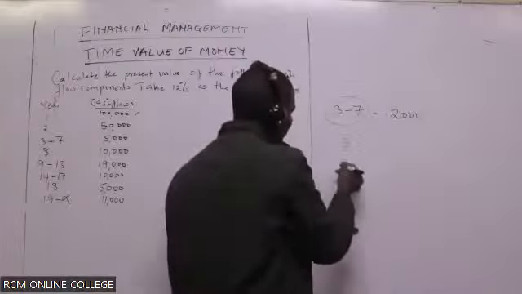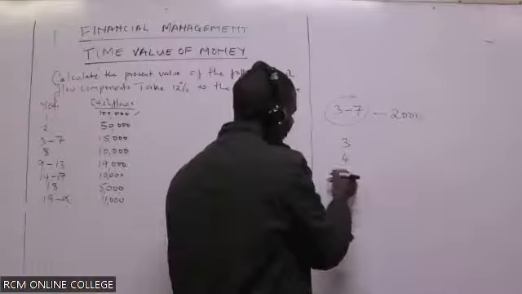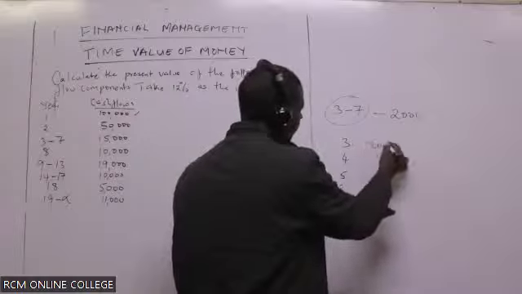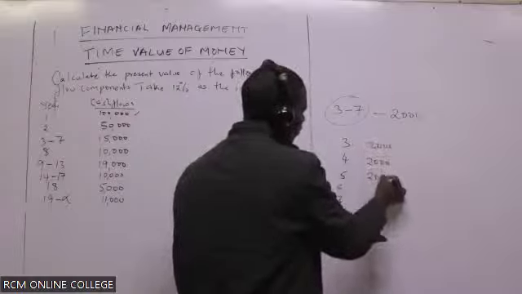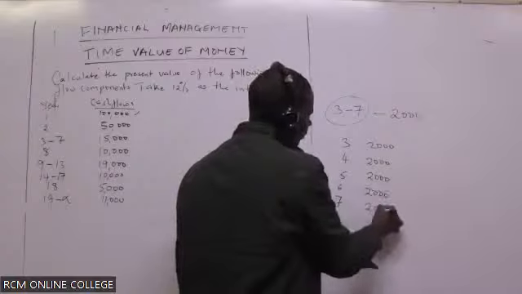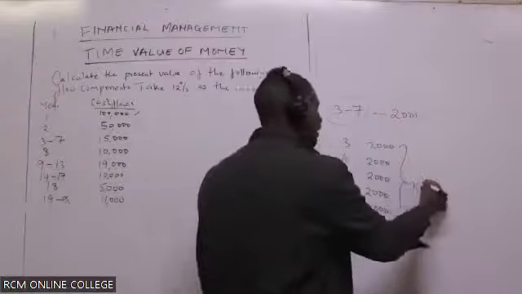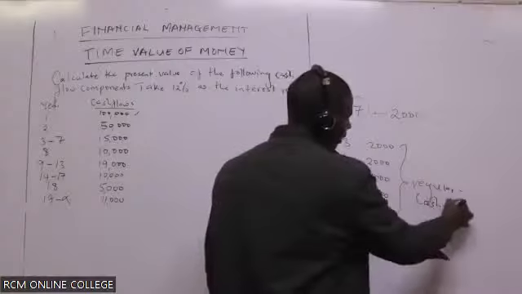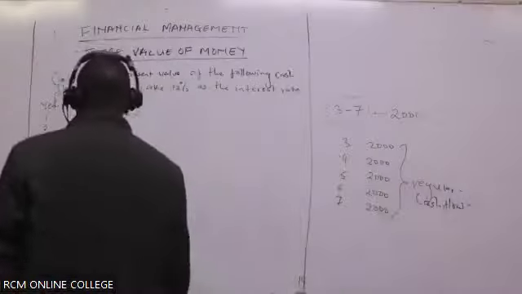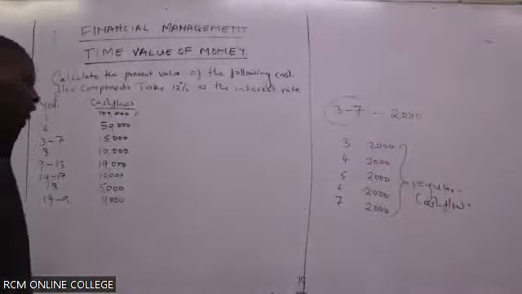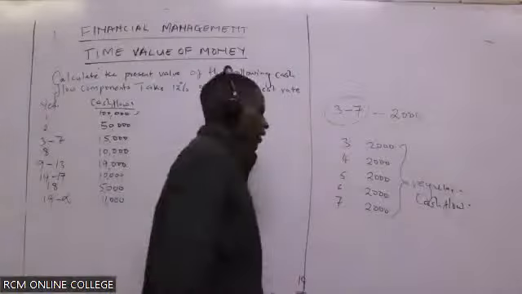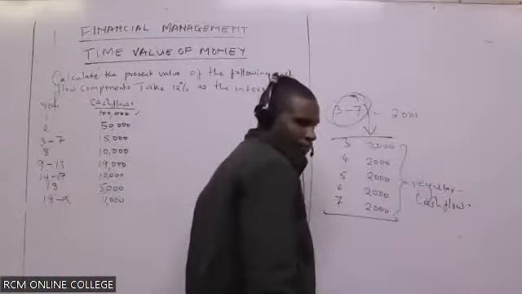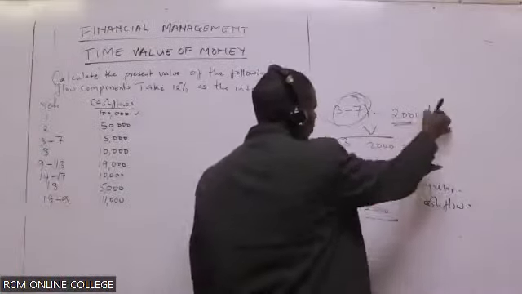That year 3, year 4, year 5, year 6, year 7 is 2000 each. He has just hidden it, but this is a regular cash flow. That is what they have done. Many students see this and say these all are irregular, and from there the student fails. But the secret is this. He has hidden this so that you cannot know that.